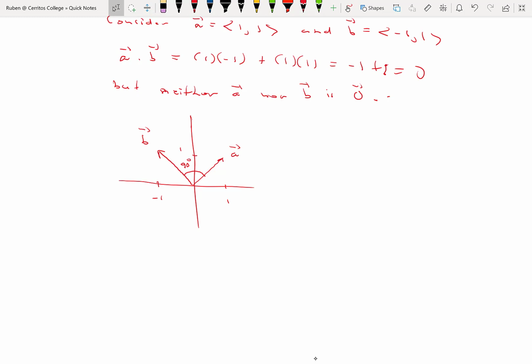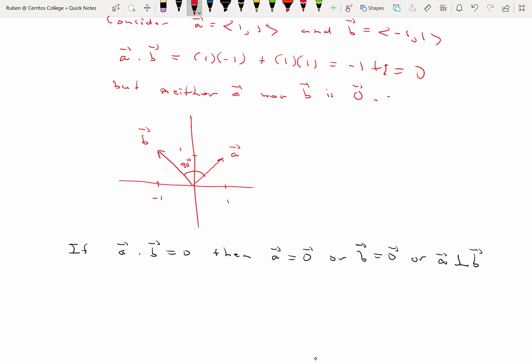They're called orthogonal. So here's the bottom line, very important bottom line. If A dot B equals 0, then A could equal the 0 vector, or B could equal the 0 vector, or A and B are perpendicular.